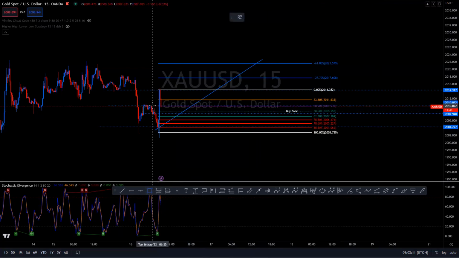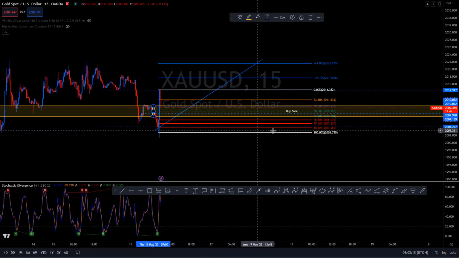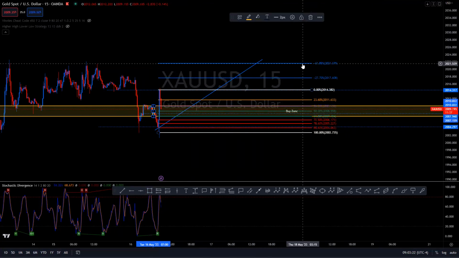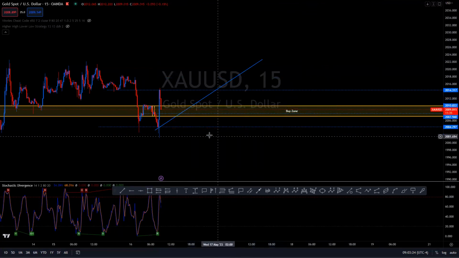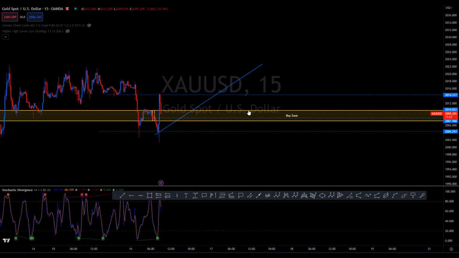This is the area where we're expecting price to come all the way down, retest this area, and then possibly push back up. That's what I'm looking at at this moment. If price comes down, it may come all the way down in here and then push back up.